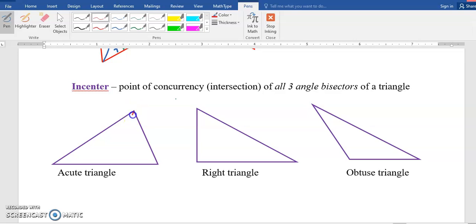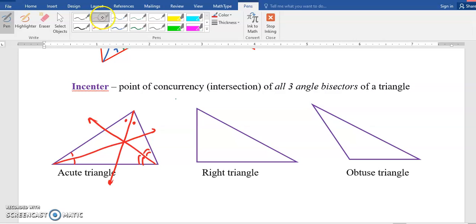So if I do the angle bisector, again, I'm not always very good at judging these. Bisect the angle. Bisect the angle. And it's not very straight. Bisect the angle. They will always be concurrent. So we have a point of concurrency again.